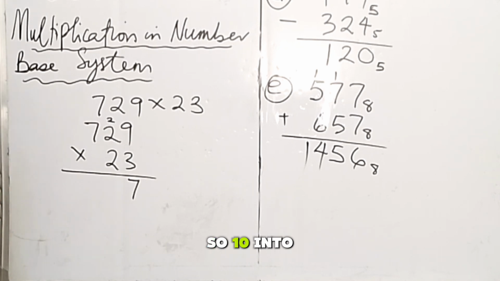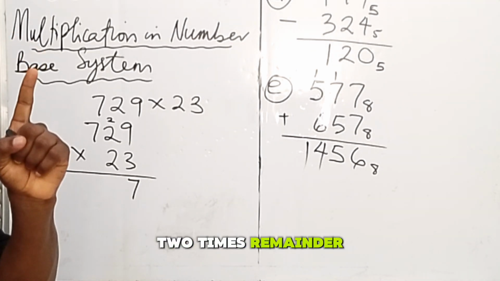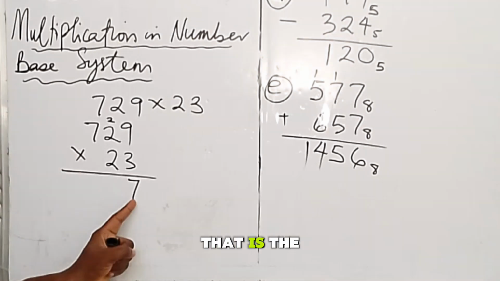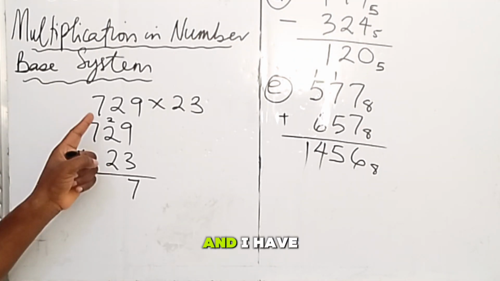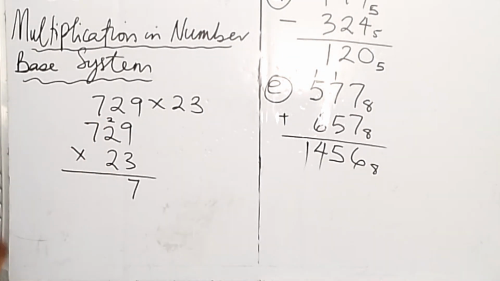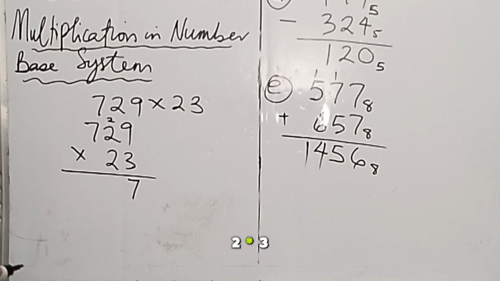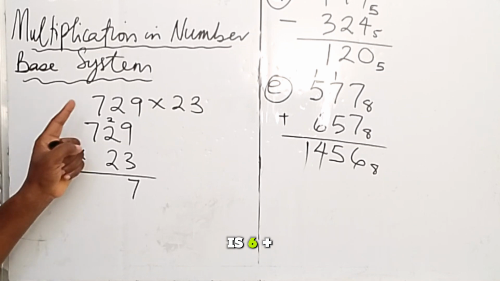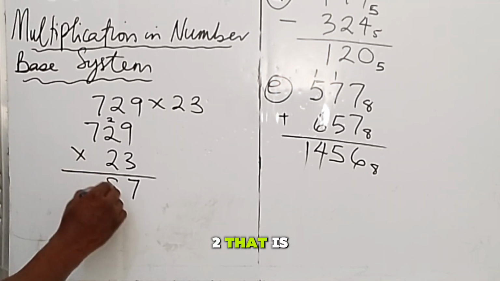10 into 27 is 2 times, remainder 7. That is the 7 I'm dropping here, and I have carried that 2. 3 times 2 is 6, plus 2, that is 8.